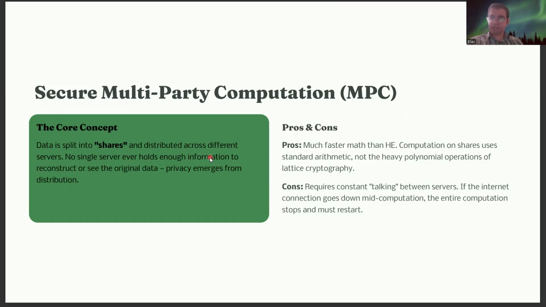This is much faster than homomorphic encryption because we are using standard arithmetic, not those polynomials that we use in lattice space. But it also requires constant talking between the servers, because each of them has a piece of data. So if the internet connection is down, then the entire computation is stopped and we have to restart it, which can be inconvenient too.